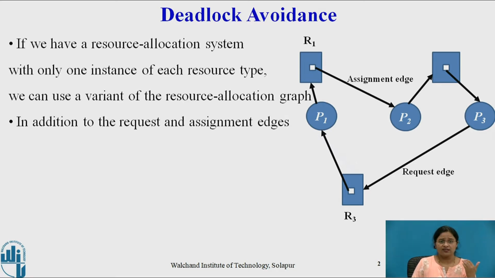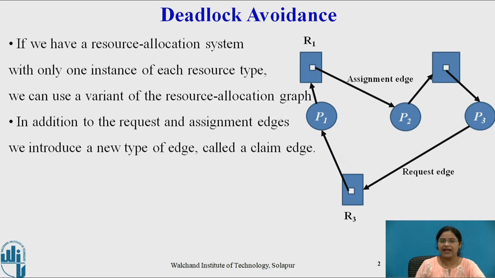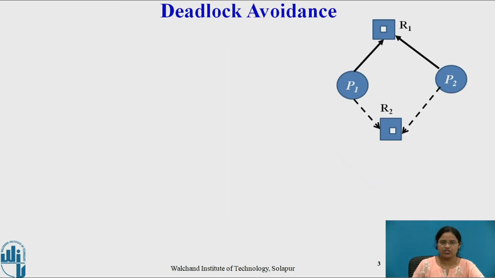So, in the resource allocation graph, to avoid a deadlock, along with the assignment edge and request edge, one more edge is added, called a claim edge. So, in addition to the request and assignment edge, there is a new type of edge called a claim edge.